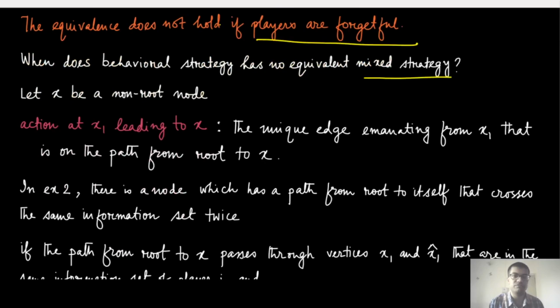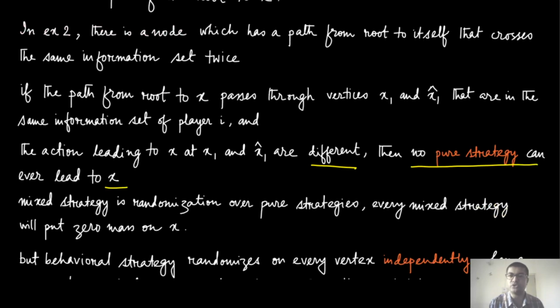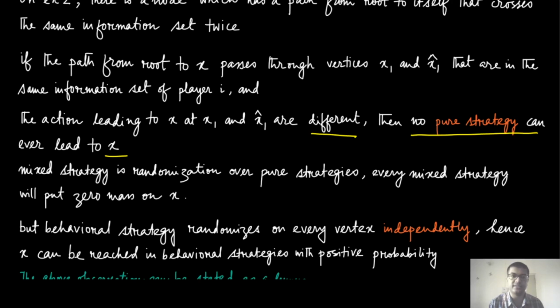Since the pure strategy can never lead you to x, and a mixed strategy is just a randomization over these pure strategies, every mixed strategy will put zero mass on that node x. That is the reason we were always getting zero mass on this outcome of L, R.